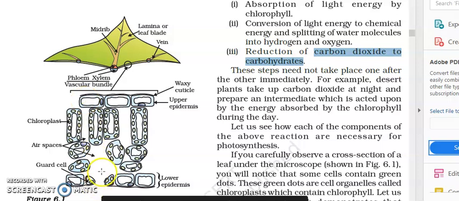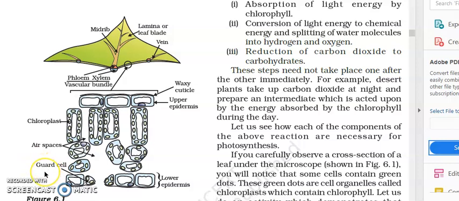The tiny pores called the stomata or the stomatal pores are present, and the cells which guard these pores are called the guard cells. Students, I'm highlighting it right now. The spelling is G-U-A-R-D, guard cells. Please do not commit the error of writing GAURD.